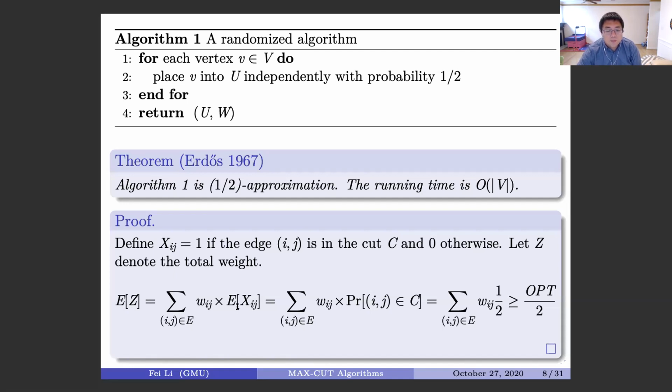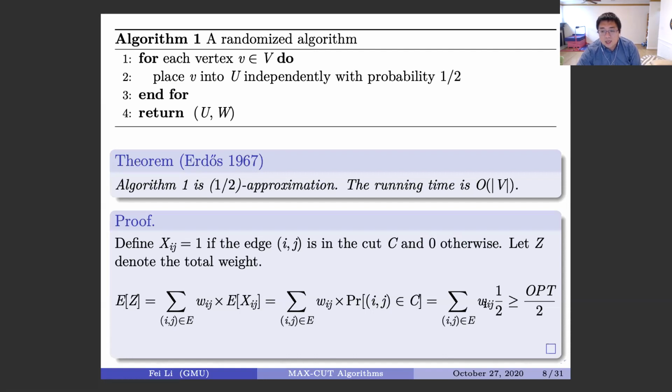The expected value of the indicator variable is the probability that this indicator variable is true, that is, the probability that the edge belongs to the cut. Since we pick these two vertices independently with probability a half, we have a probability of a half to make this edge into the cut, and then we get 1/2.